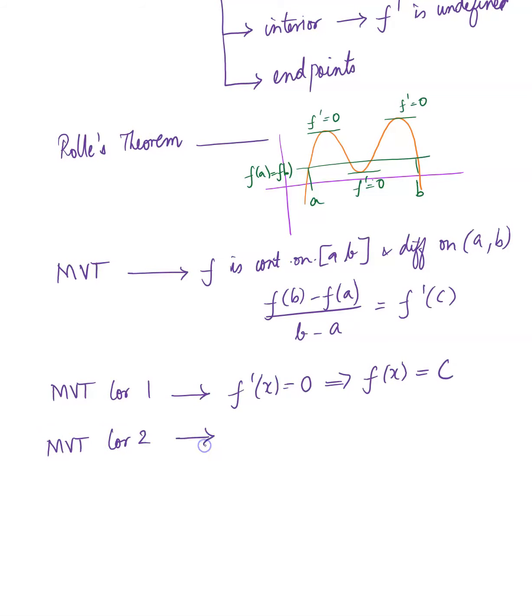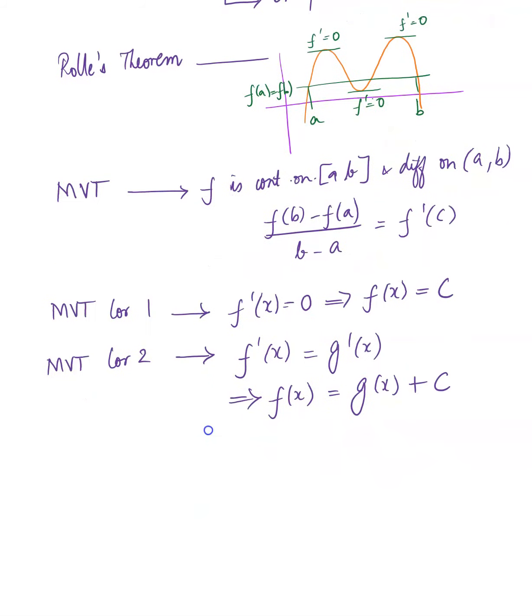Corollary 2 stated that if we have two functions whose derivatives are the same, meaning their slopes are the same, the only possibility is that they are parallel to each other. So f of x equals g of x plus a constant, so that they are separated from each other.